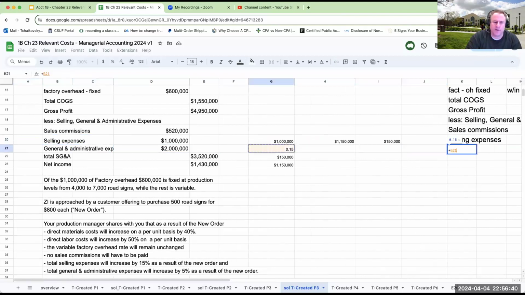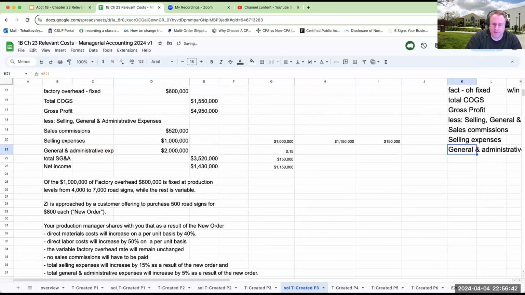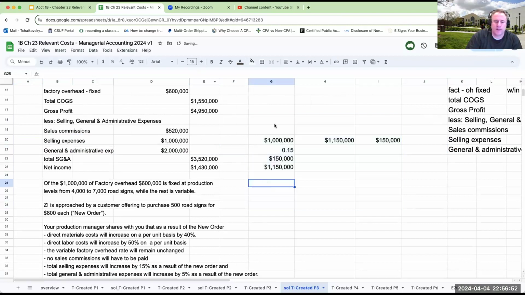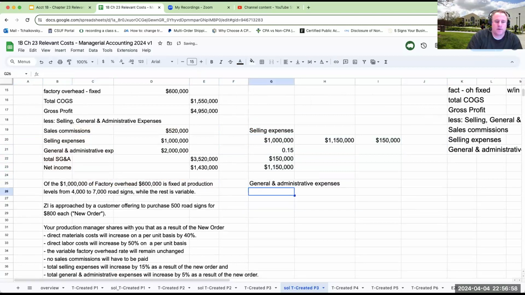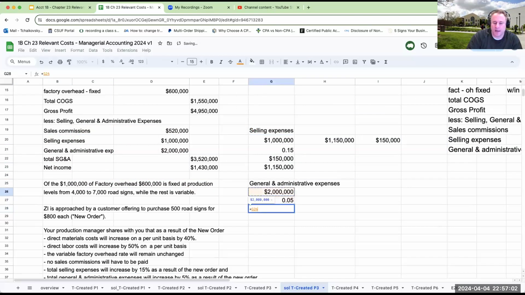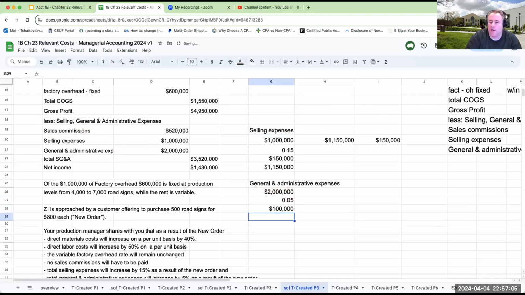Over here, my general and administrative expenses will increase by 5% as a result of the new order. So for this part, we'll call this selling. For the G&A, this is right now at 2 million. This is going up by 5%, or $100,000.